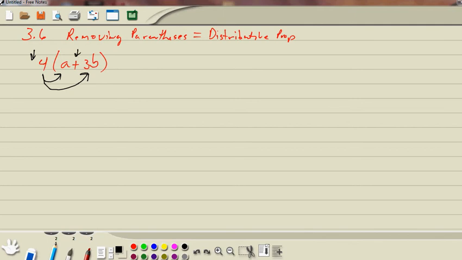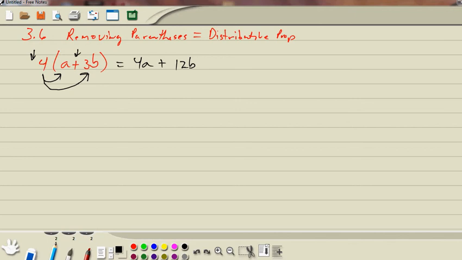Okay, so 4 times a is 4a, 4 times 3b is 12b. Notice that my symbol may change depending on what the symbol is before it, and here it's a positive 4 and a positive, so I'm going to have a positive 12b.